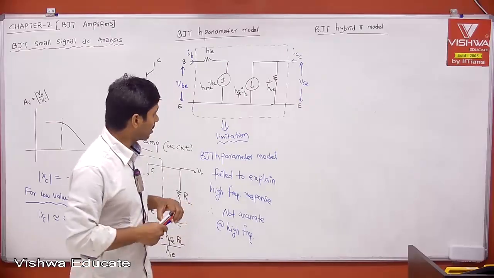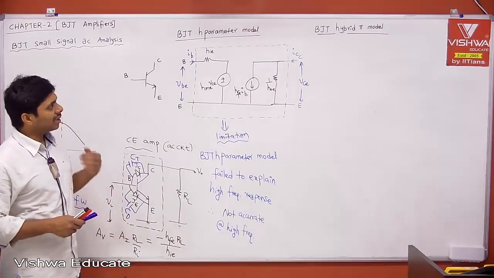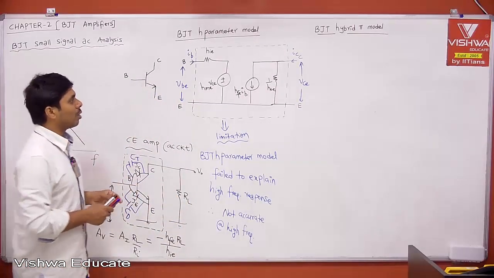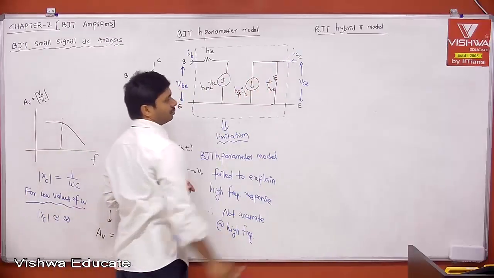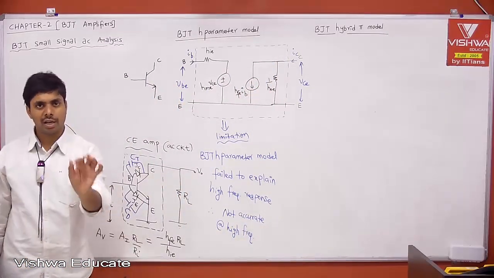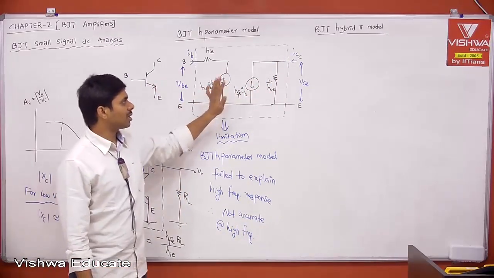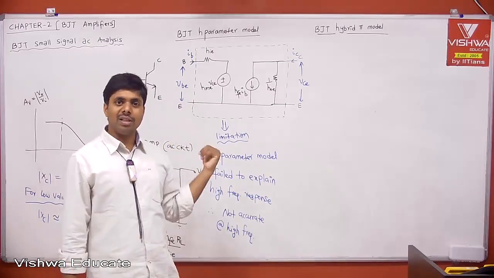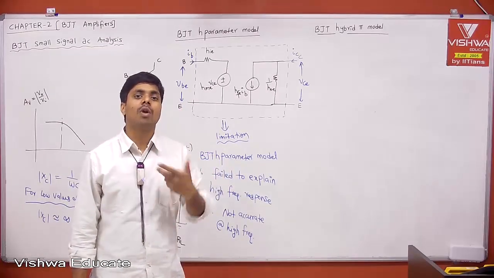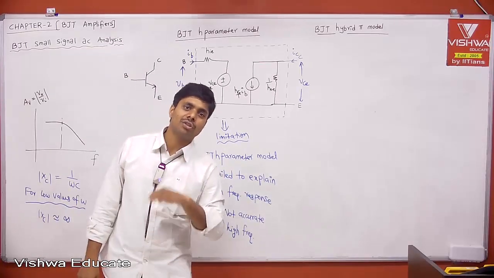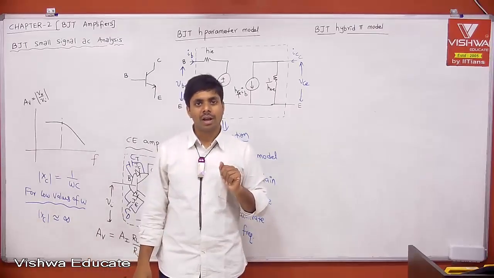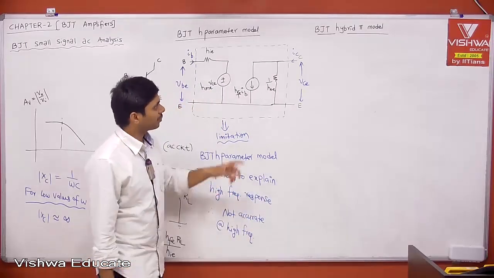But can't I call your BJT also a voltage controlled current source? Yes, people already named it as current controlled current source. But can't I model your BJT as a voltage controlled current source? Let me explain.